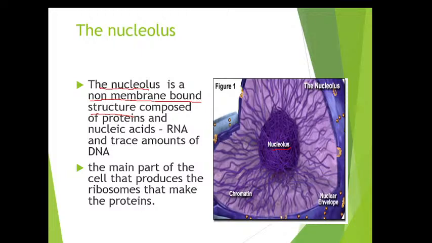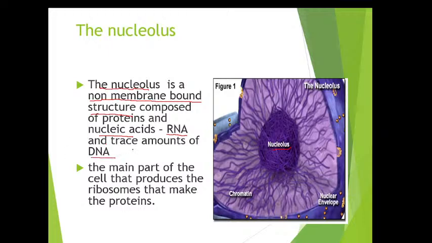How about the structure? It is a non-membrane bound structure. Then, it is composed of proteins and nucleic acids such as RNA. Mostly it is RNA and only a very small amount of DNA.